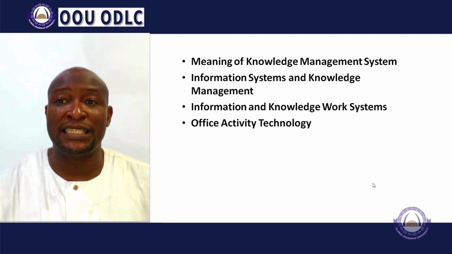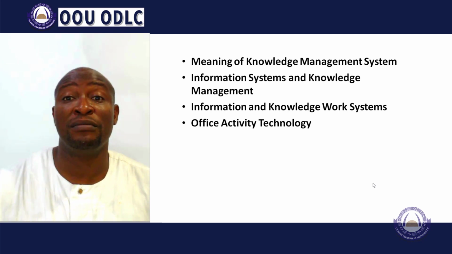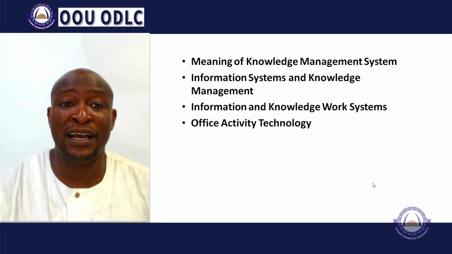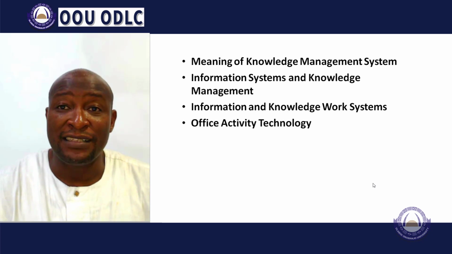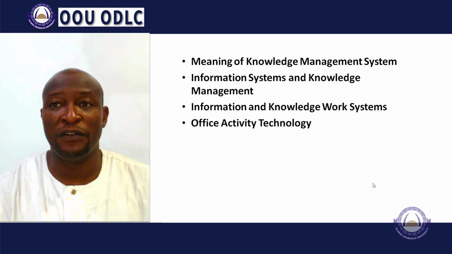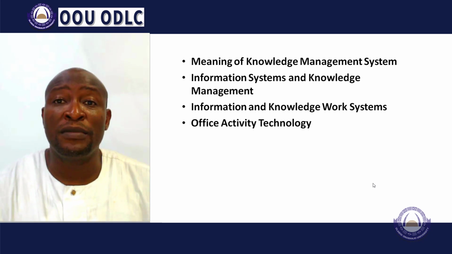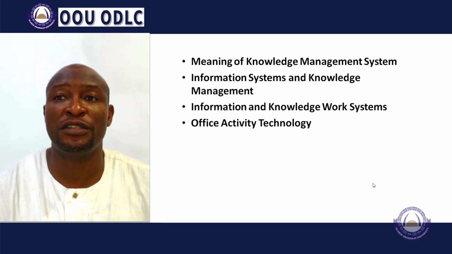So most other types of knowledge you can learn from books. Tacit knowledge usually comes from experience. So let's look at information and knowledge work systems. Information work is the art of creating and processing information. The term art is in quotes because some companies do a very good job of creating, processing, and managing their information.